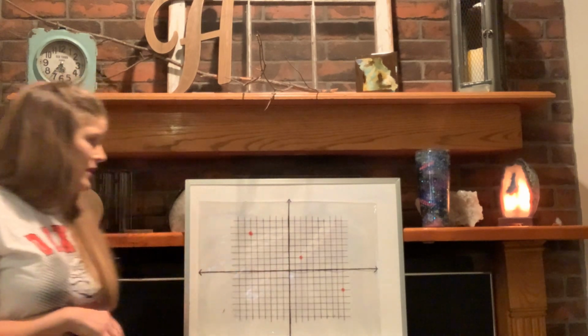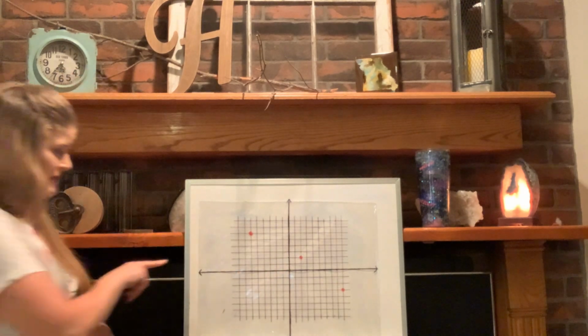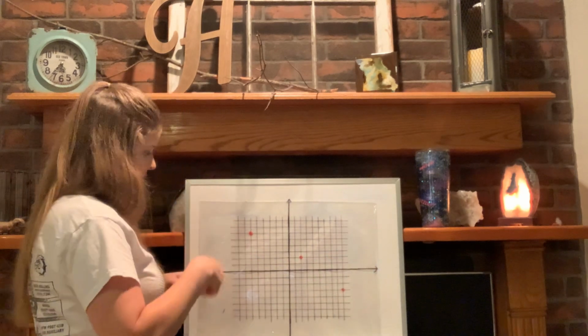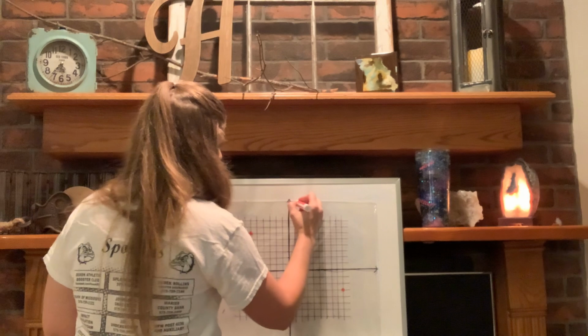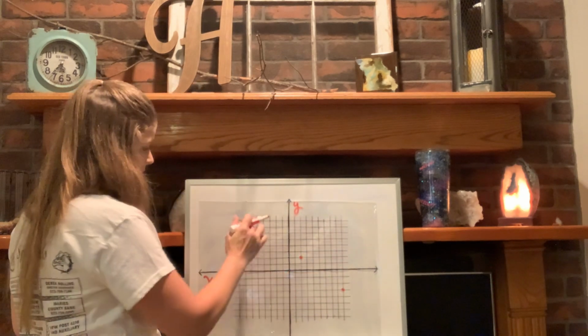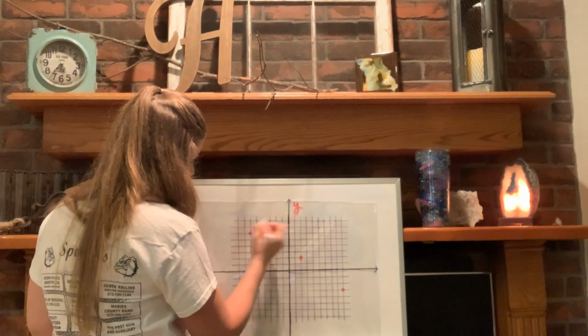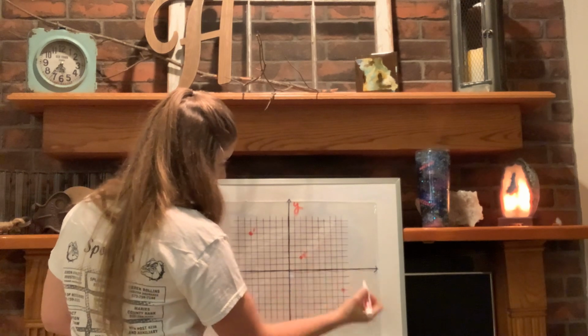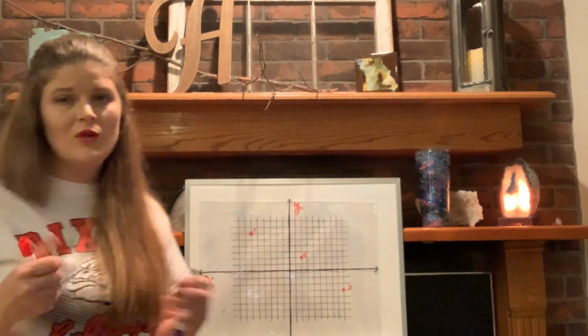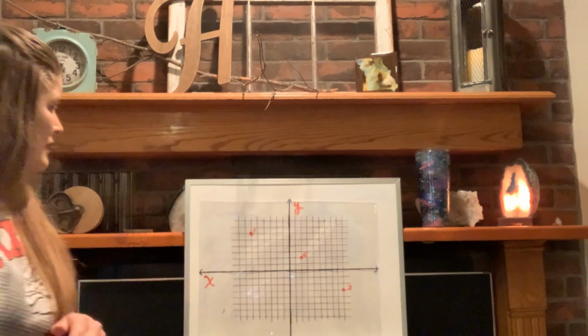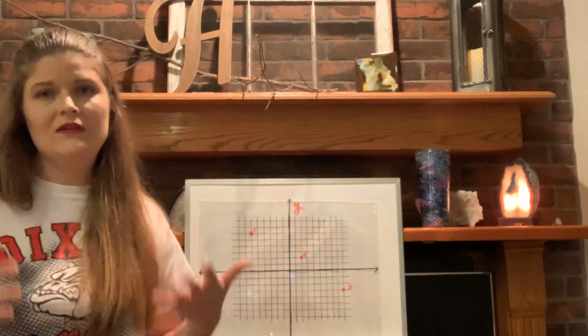All right? This, again, is always going to be X, this, Y, and I'm going to call this number 1, number 2, and number 3. Because usually when you have multiple spots on a plane system, you are going to be given numbers.